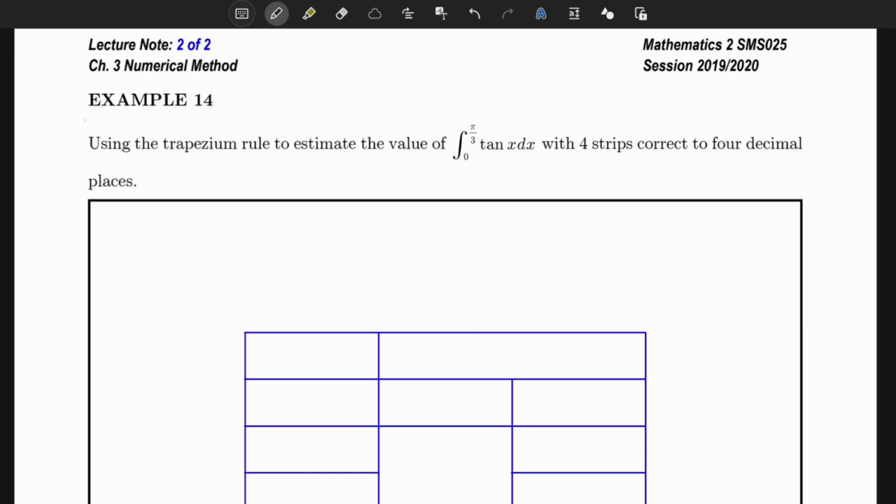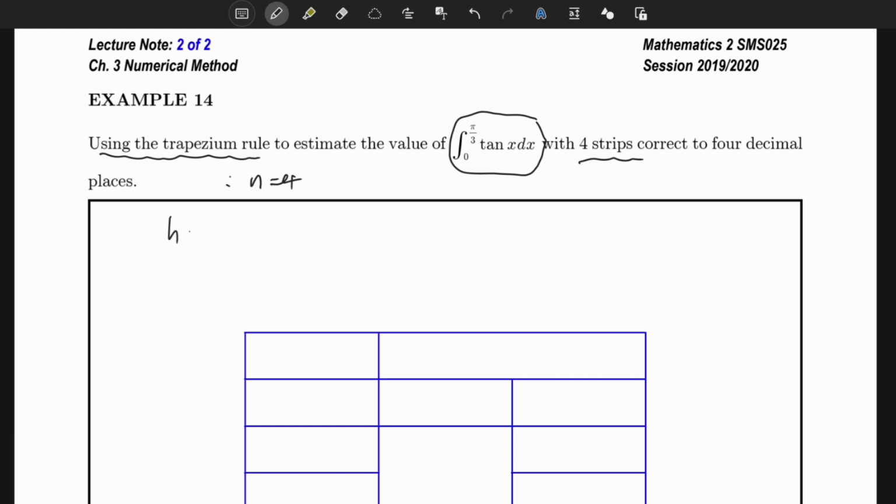Right, example 14. This is the last example for chapter 3. Using the trapezium rule, estimate the value of the integral of tan x dx from 0 to pi over 3 with 4 strips, correct to 4 decimal places. So 4 strips, n equals 4.